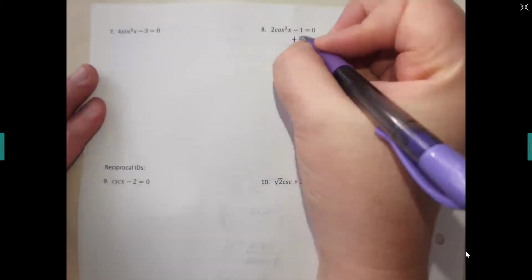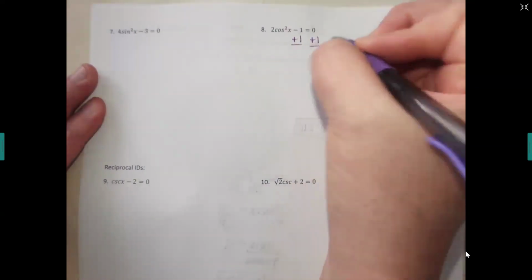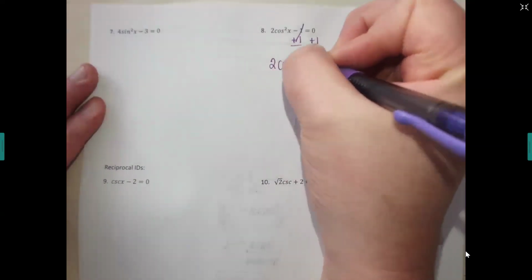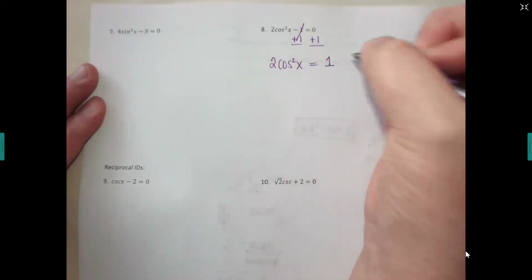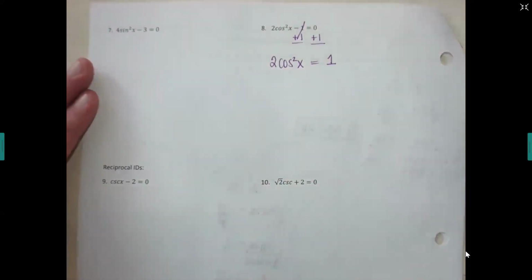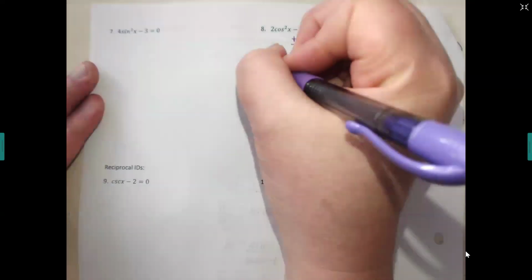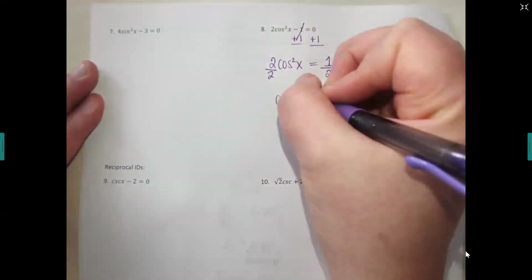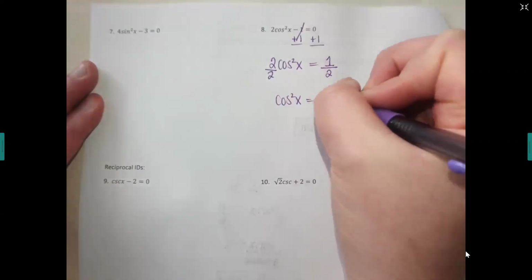What are we going to do first? Very good. Which means I have 2 cosine squared x equals 0 plus 1, which is 1. Next step, divide by 2. So I have cosine squared x equals 1 over 2.